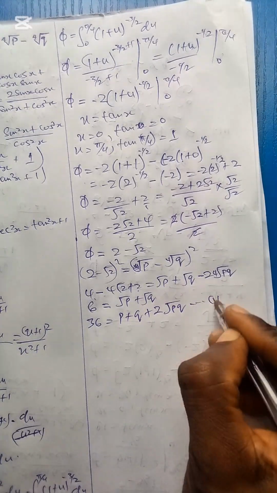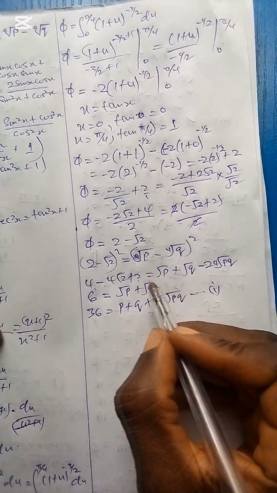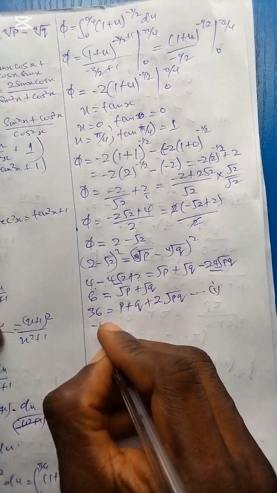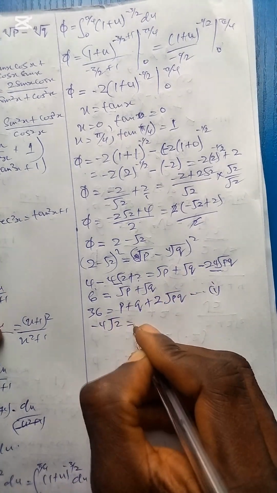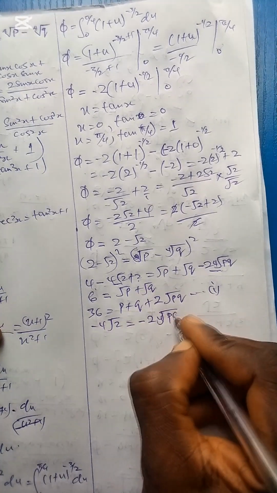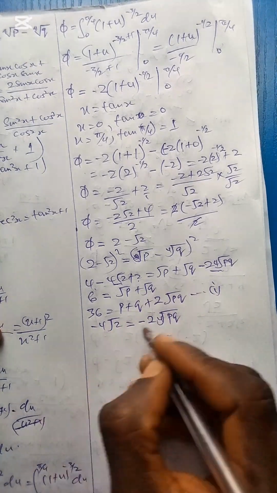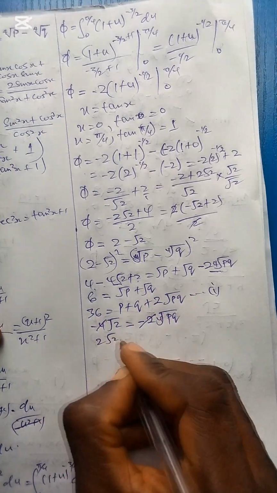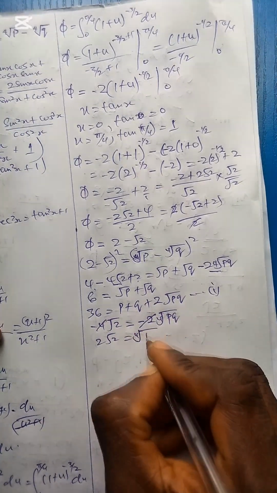Let's call this equation 1, equation I. Now, I'll also equate this term to this term. So I have minus 4 root 2 is equal to minus 2, the fourth root of pq. This and this will cancel out, giving us 2 root 2 equals the fourth root of pq.